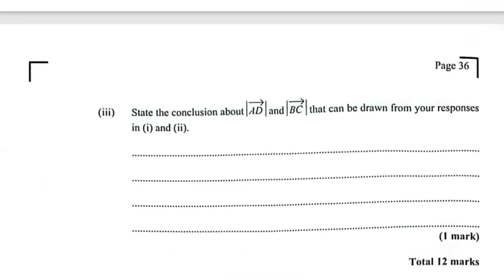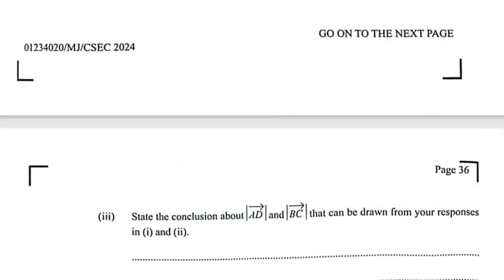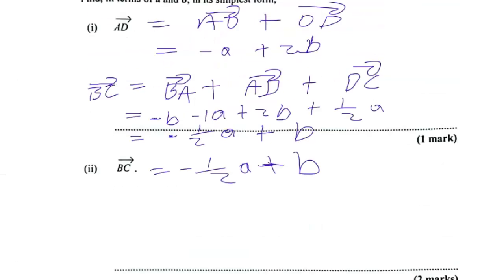And then the final question: state the conclusion about AD and BC that can be drawn from your responses. So if we compare AD to BC, here is AD, and here is BC.